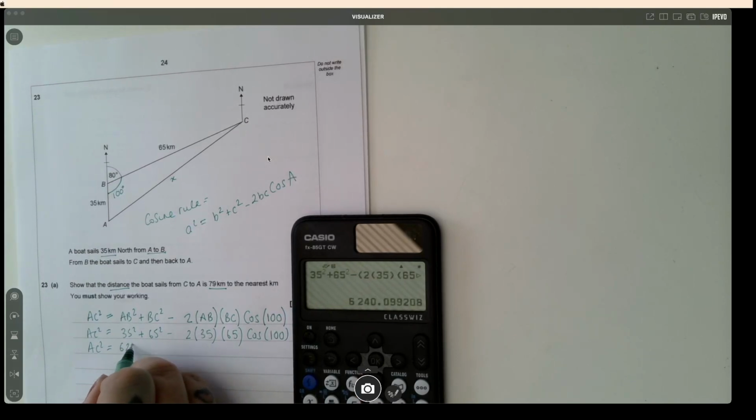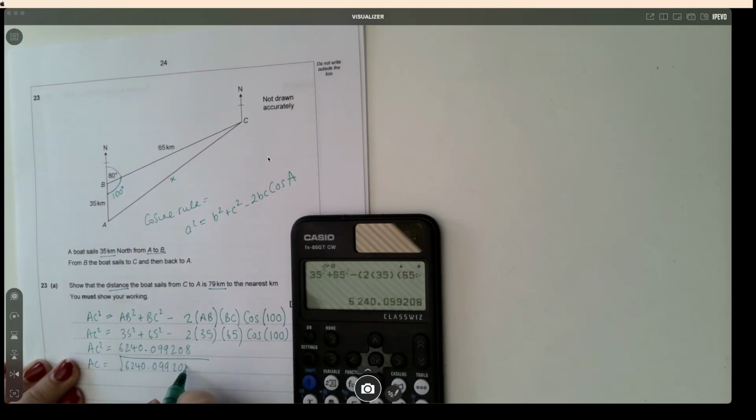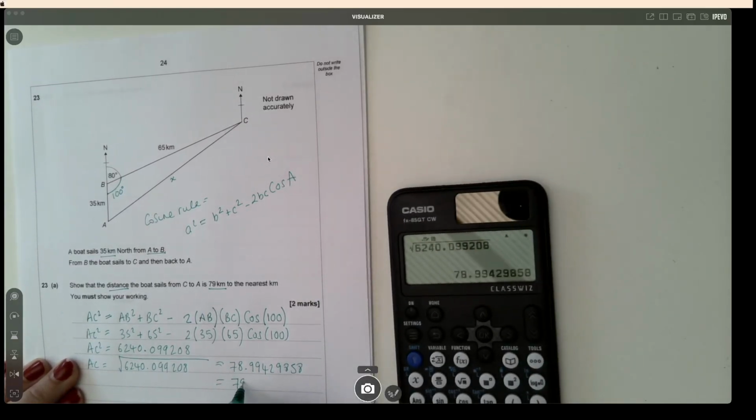So AC squared is 6240.099208. So AC, that length, is going to be the square root of this value, which is 78.9942985, which I can round to 79 kilometres to the nearest kilometre.